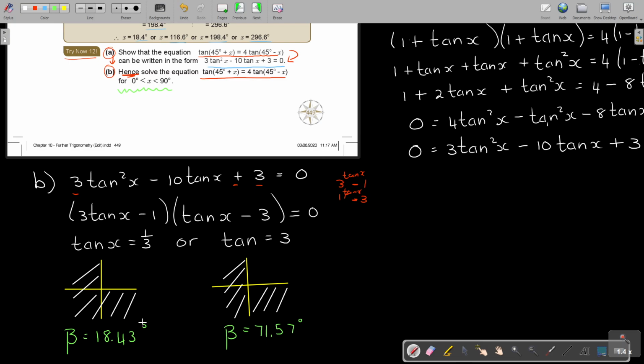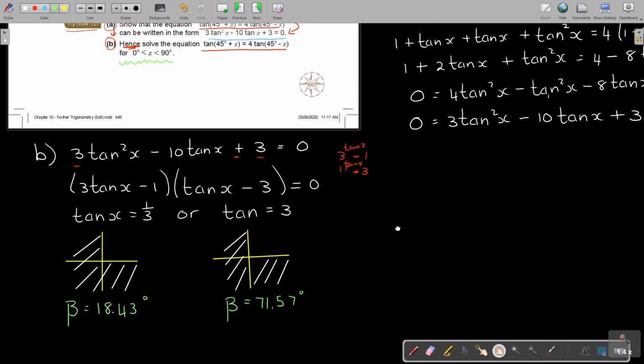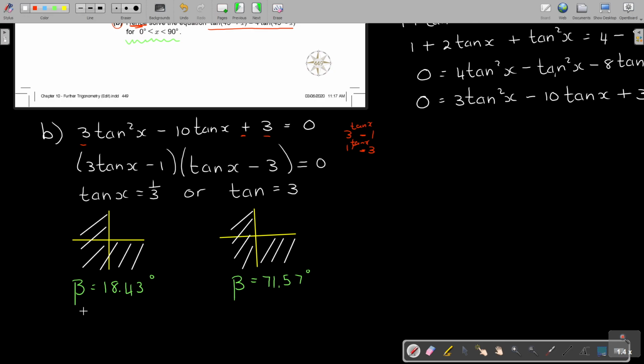Now, can I just show you? If this one was a sin or a cos, because remember, the sin or cos cannot be bigger than 1 or negative 1. But because, can you remember, this one can go on and it's doing this, that's why it can be bigger than 1 if it's a tan. Okay, and then, so I'm just going to say, therefore, because it's now here, can I show you?